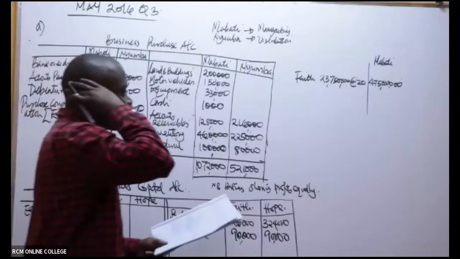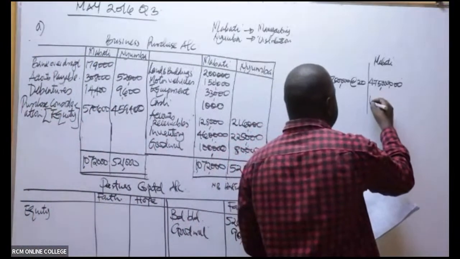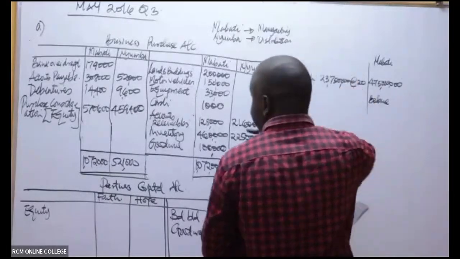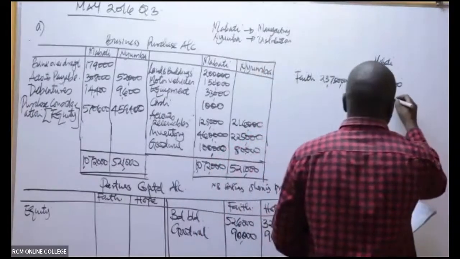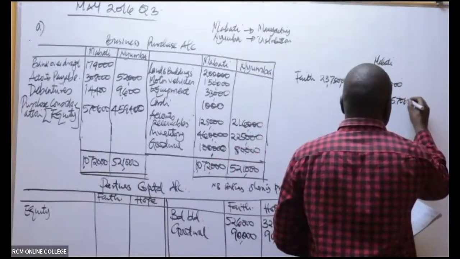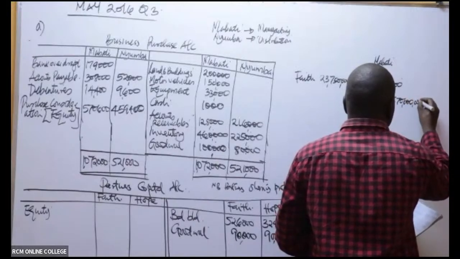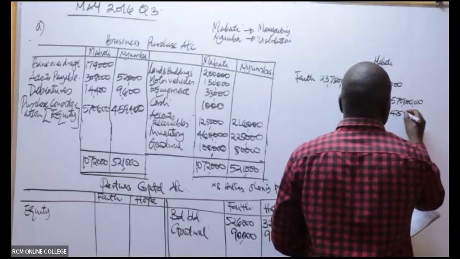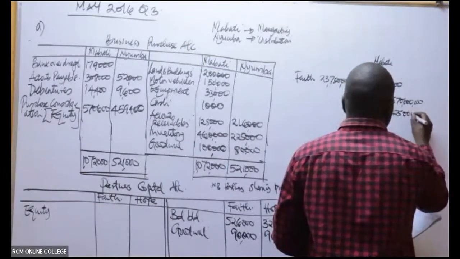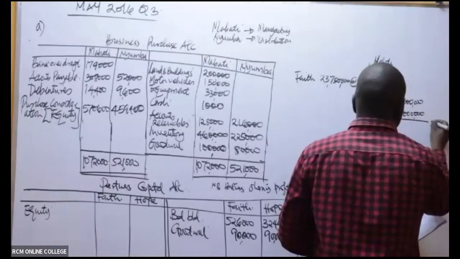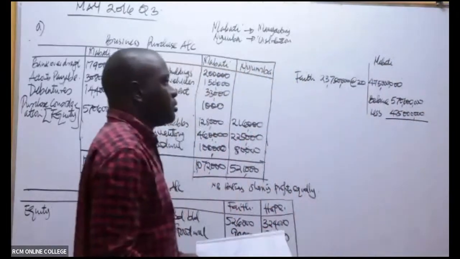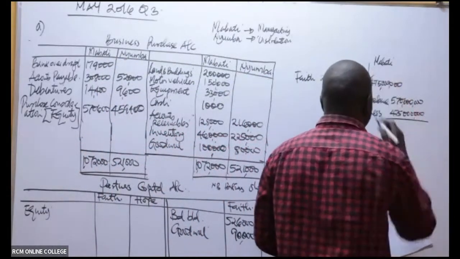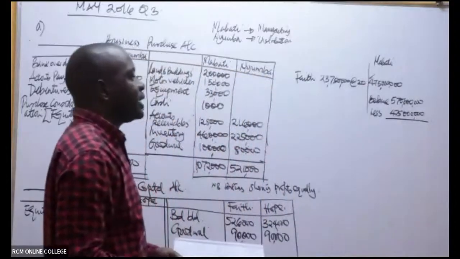So the balance will be 570,600 million less this 475 million. Of course, this one is what she acquired as equity in Mabati, but the remaining portion she'll acquire in Nyumba.